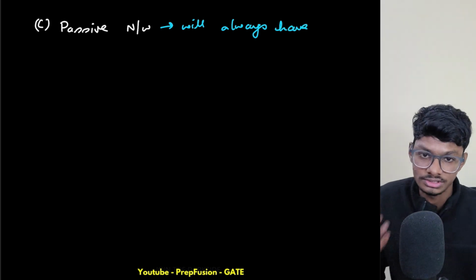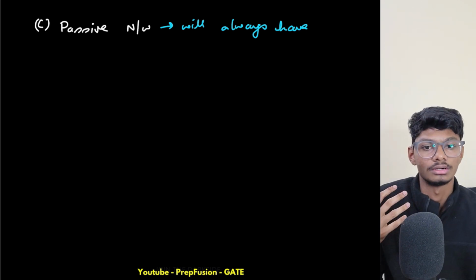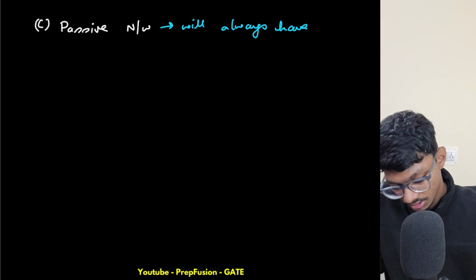You will study this in analog circuits. You have studied network theory about passive and active networks, but poles and zeros you haven't studied; that you will study in the analog circuit course.